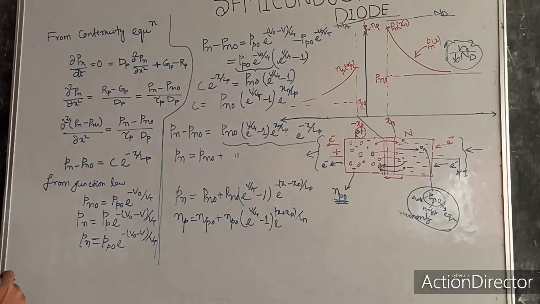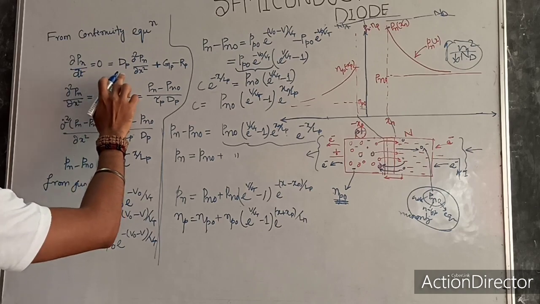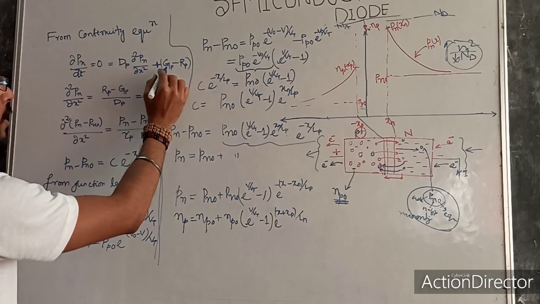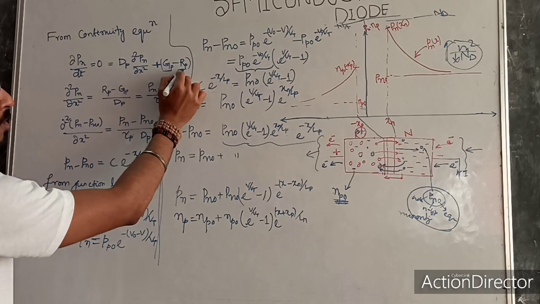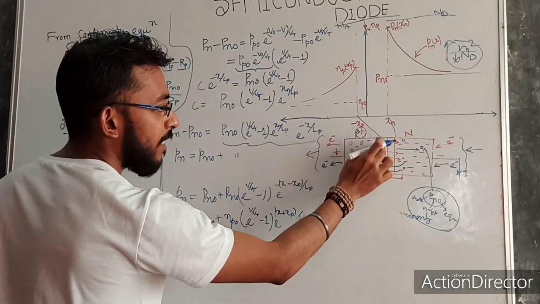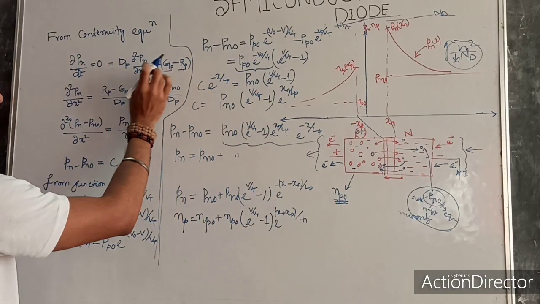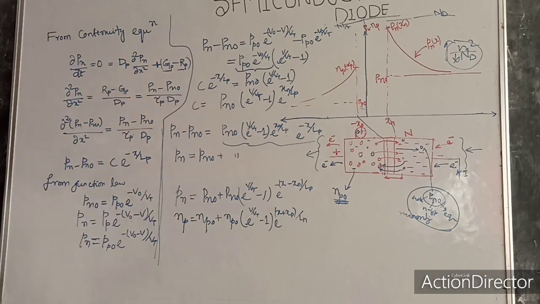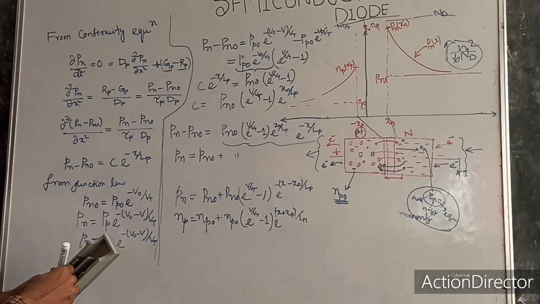So in place of this dpn, I can write Dp into d square pn upon dx square plus gp minus rp, that is the generation of holes minus the recombination of holes. Taking the difference and adding this value with the partial derivative, that is equal to 0. For that you have to remember this continuity equation and understand what the continuity equation is.